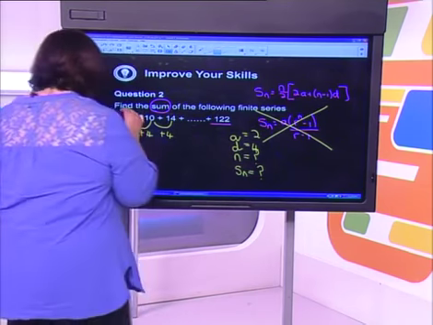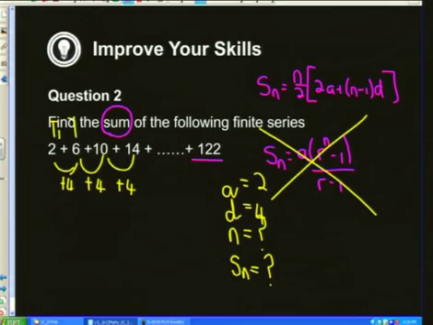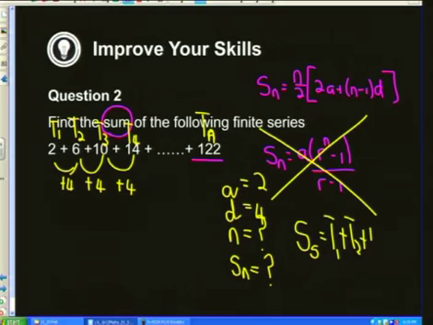We know that this is term number 1, this is term number 2, this is term 3, this is term 4, and in actual fact, this last one must be term N. Because if I was saying to you the sum of 5 terms, it would mean take term 1, add it to term 2, add it to term 3, add it to term 4, add it to term 5. So I would stop at the last number. So that is term N. Now, does that help me? Because I've got a formula for term N. What does the formula for term N look like? Well, let's just get some space here.